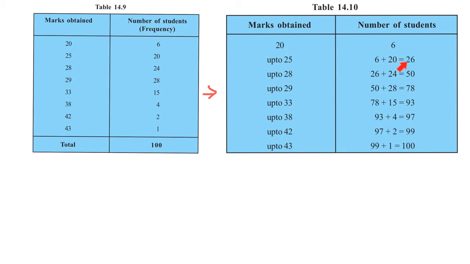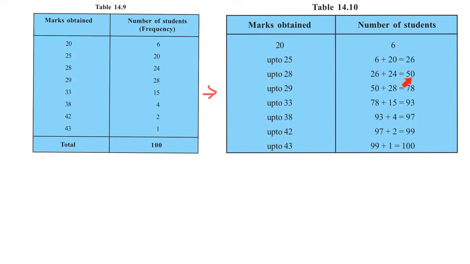Similarly, how many students obtained marks up to 28? It's going to be 6 plus 20, which we have already done, plus 24 students. How many students obtained marks up to 29?